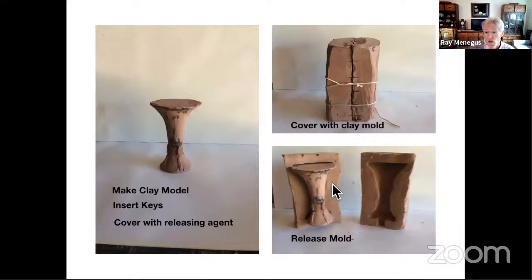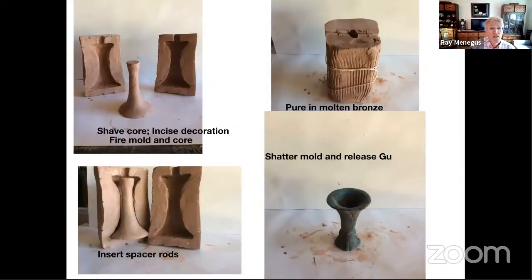and then you release the model from the mold. Once that's done, you take the model out and you shave it down. You completely shave it thin enough so it's going to refit back inside the mold, leaving a gap.